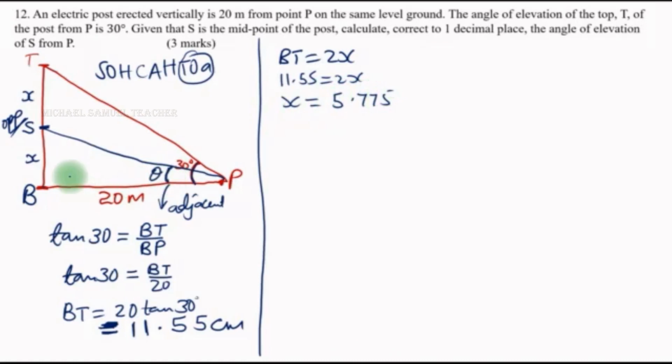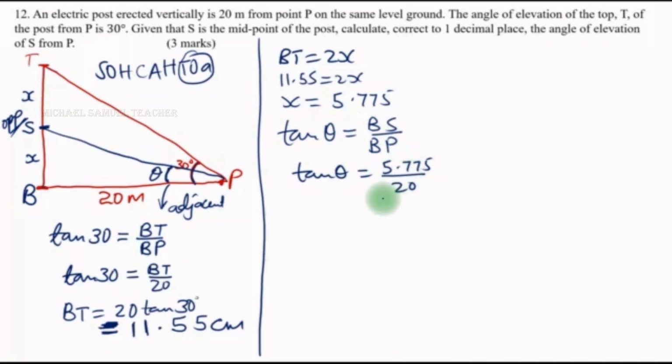Therefore I need to get theta. So tan theta will be equal to BS over BP, and BS is X, but X is 5.775 over 20. So I'll end up getting 0.28875.